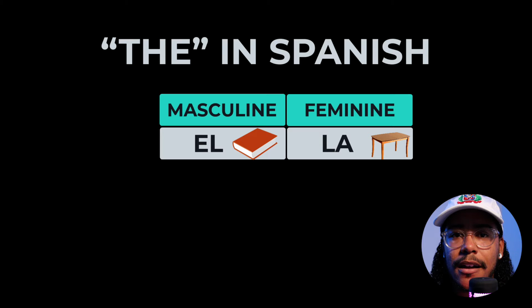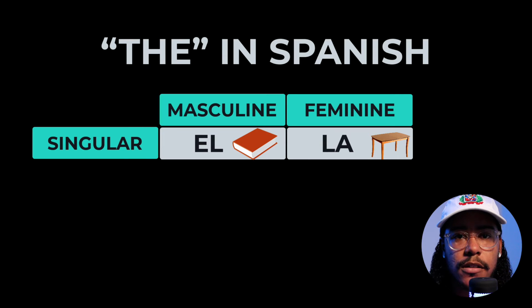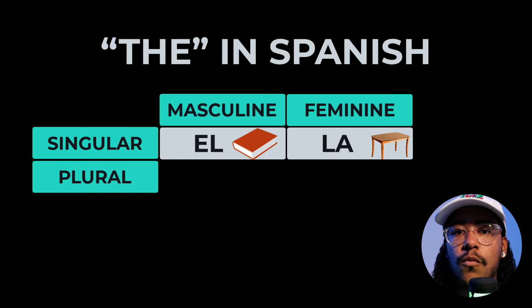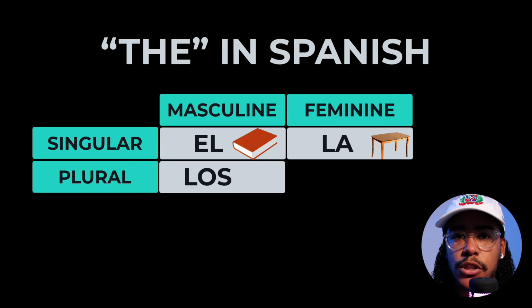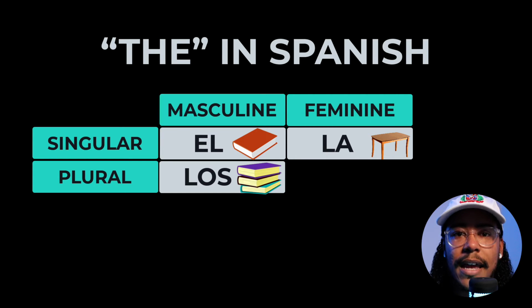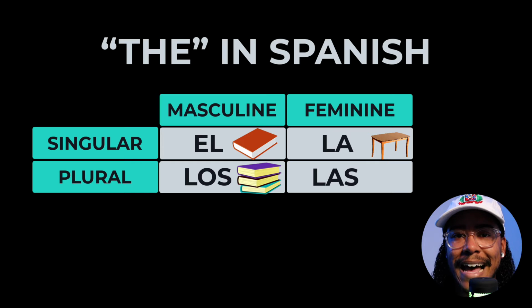So el and la are for singular nouns, when you only have one of something. If you have more than one of something, then el becomes los for masculine nouns, los libros, and la becomes las for feminine nouns, las mesas.